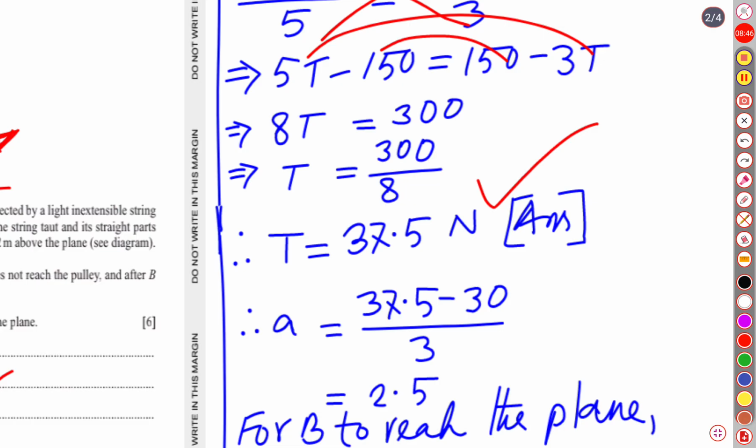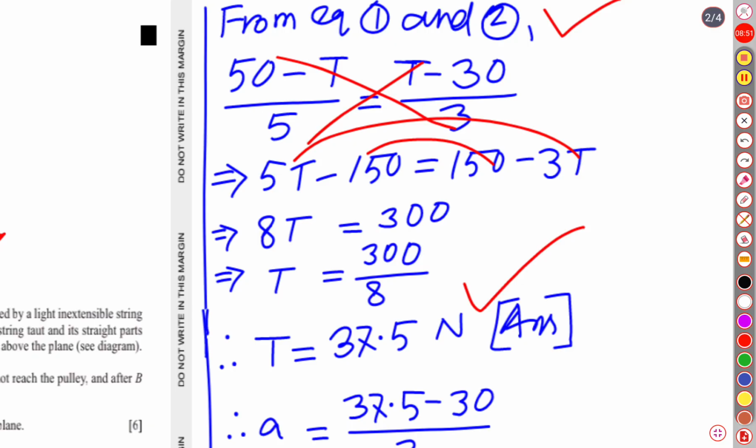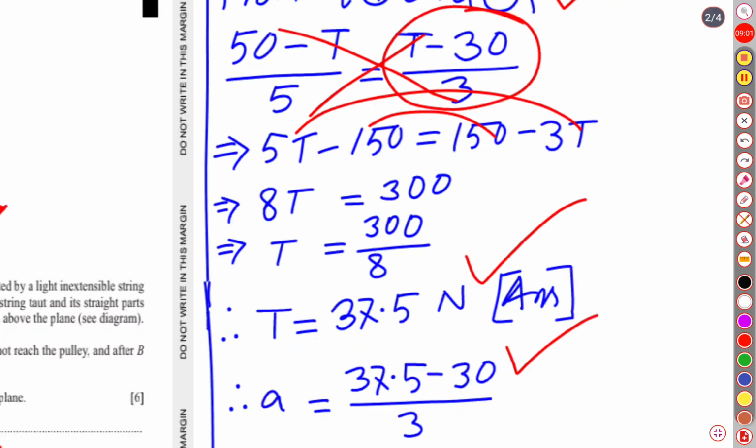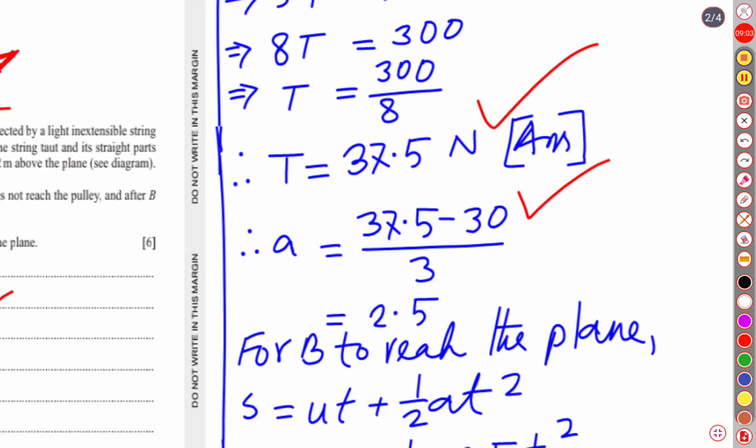The same equation is given here also. So (T minus 30) over 3, and we have already obtained T as 37.5, so (37.5 minus 30) over 3. If we do the simplification, 37.5 minus 30 means 7.5. If 7.5 is divided by 3, it will be 2.5. So our acceleration is 2.5. Though they didn't tell us to find acceleration, it is required for the second part of the question.